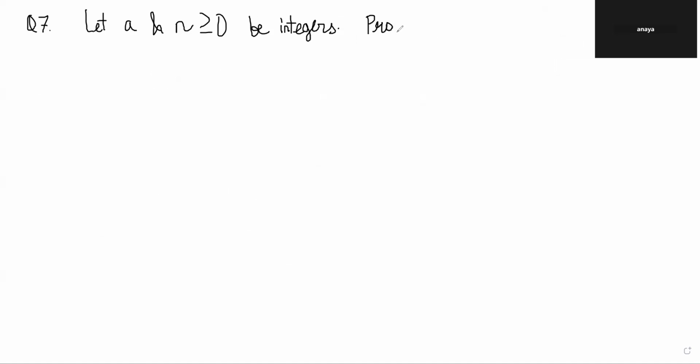Prove that a square plus a plus 1 divides a power 2 power n plus 1 plus a power 2 power n plus 1.